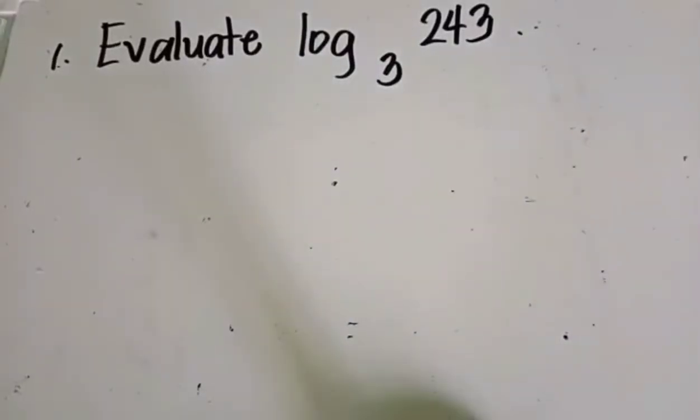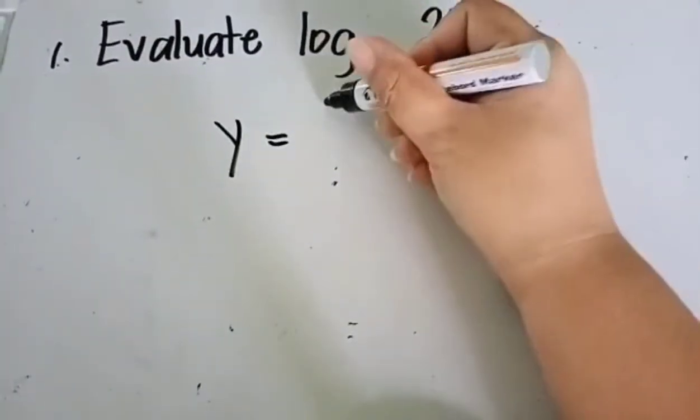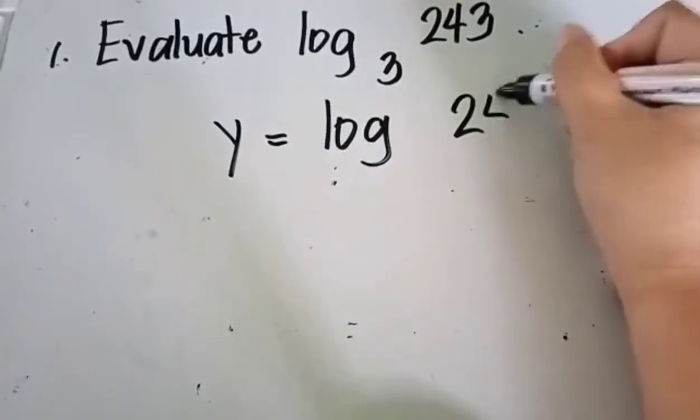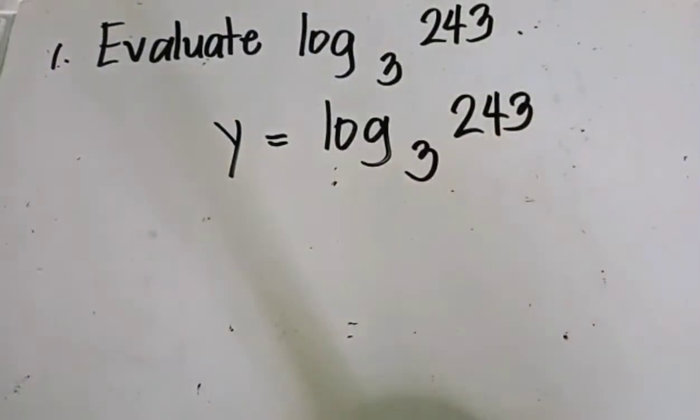Okay, class. For example, we're going to evaluate the logarithm of 243 to the base 3. Remember to follow the two steps. The first step is you let y is equal to the logarithm of 243 to the base 3, and then express the equation in exponential form.